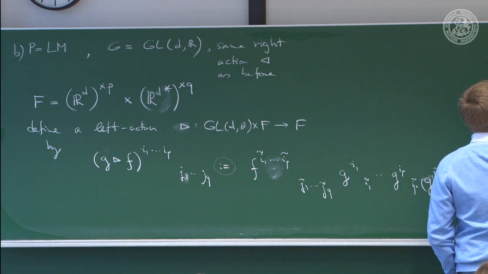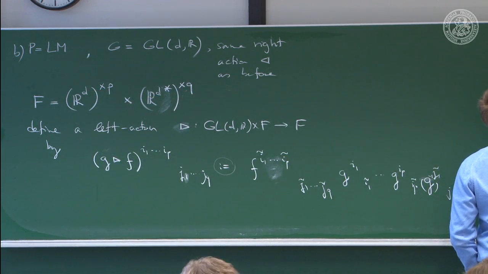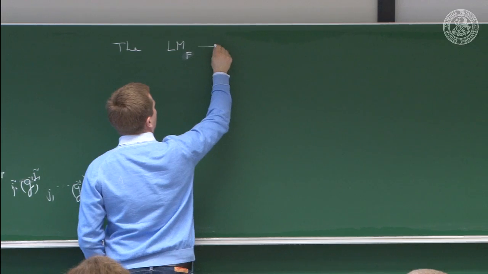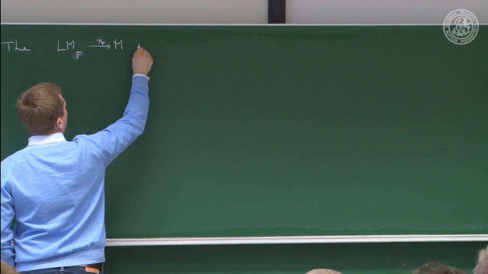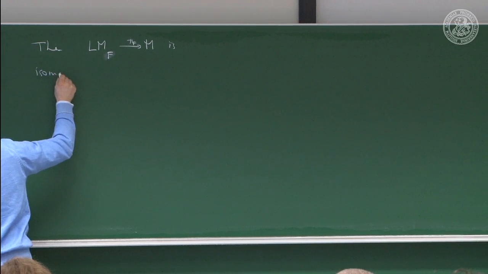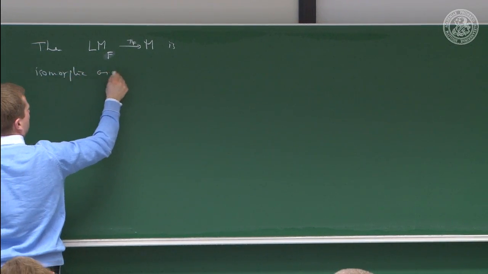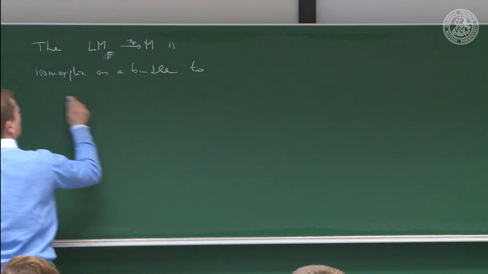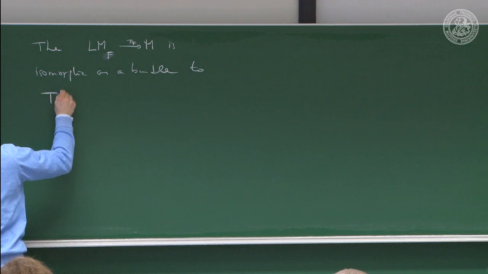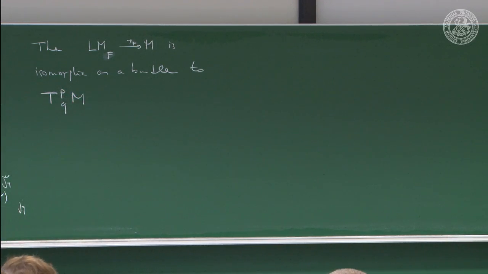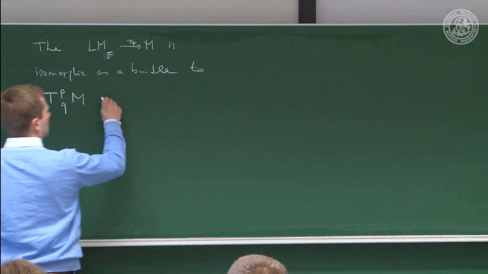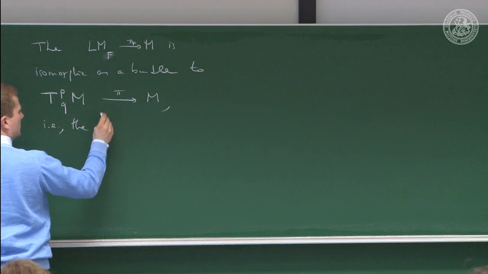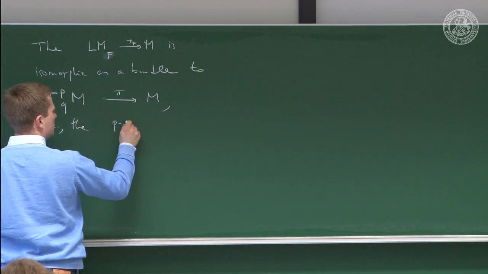Then the associated bundle LM sub F, now it's sub F for this F, with projection pi F, is isomorphic as a bundle to what before we called T^P_Q M, which had a projection map, that is the PQ tensor bundle.